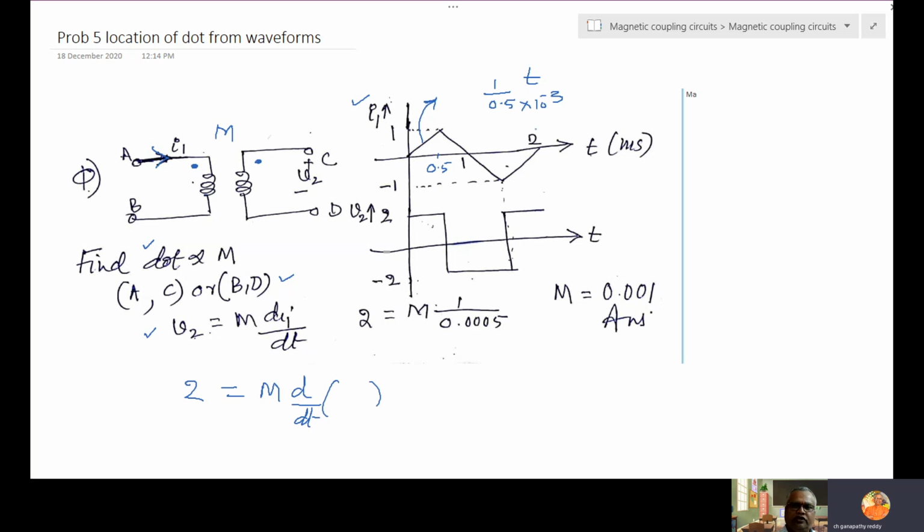Differentiating, t will go and you will get 0.005. Then solve for M. This topic you need to read from Hayt and Kemmerly, any edition of your choice, then Van Valkenburg, then D. Carlo Lim. These three books, in that order, you should refer to for better understanding.